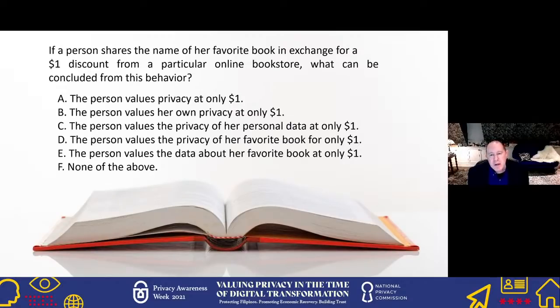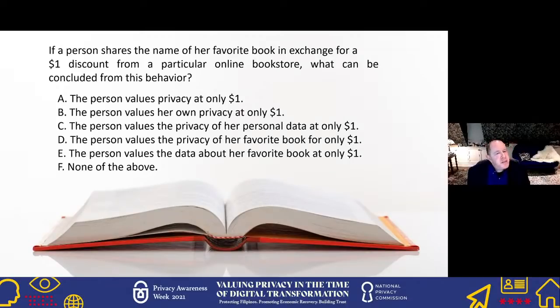So really, what can we conclude from this behavior? Well, all we can conclude is that a person has decided, in this context, for this particular book, that sharing that information with just a particular online bookstore, not every bookstore, but just this bookstore, is worth the risk to get the dollar, that they don't see a significant risk.